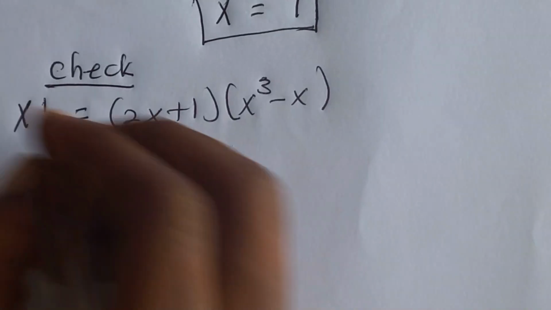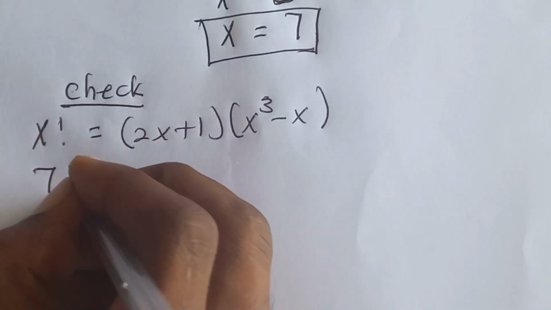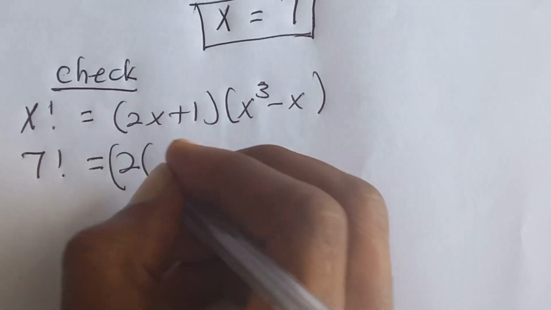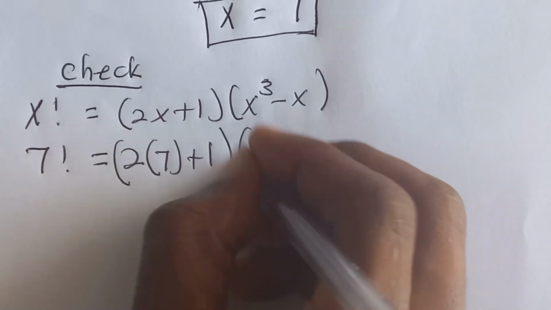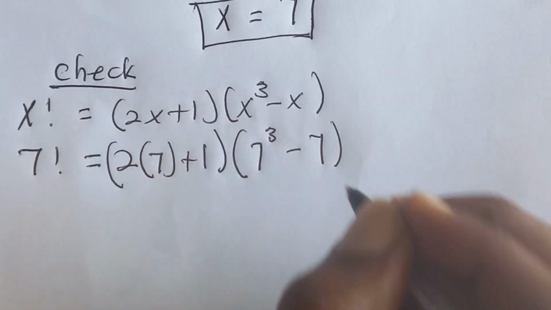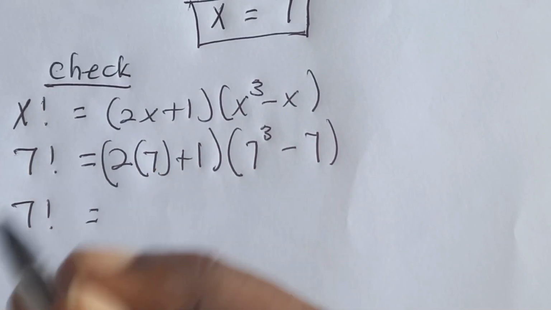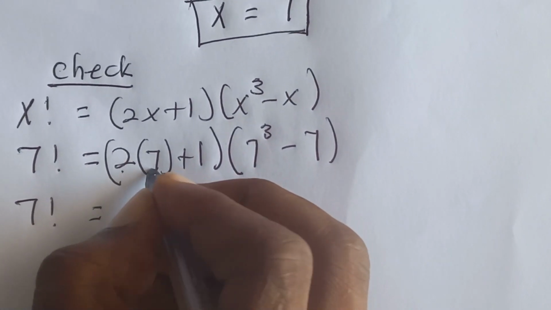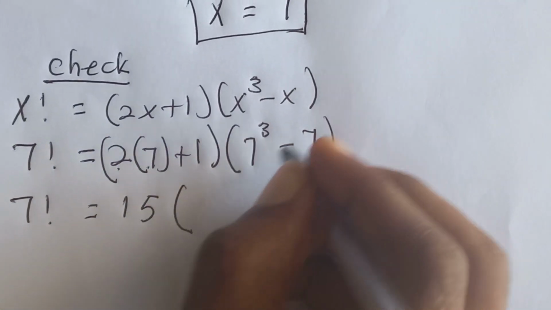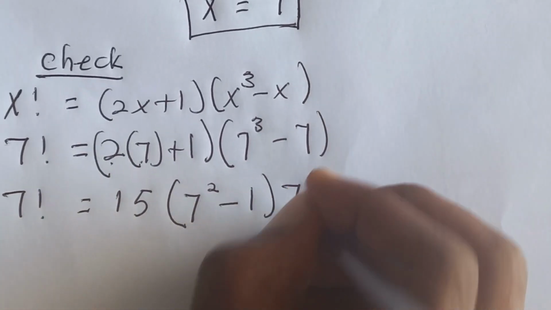With x equal to 7, 7 factorial is equal to 2 times (7 plus 1)... 7 to the power 3 minus 7. So 7 factorial is equal to 2 times 7 is 14 plus 1, which is 15, times (7 squared minus 1), like this.